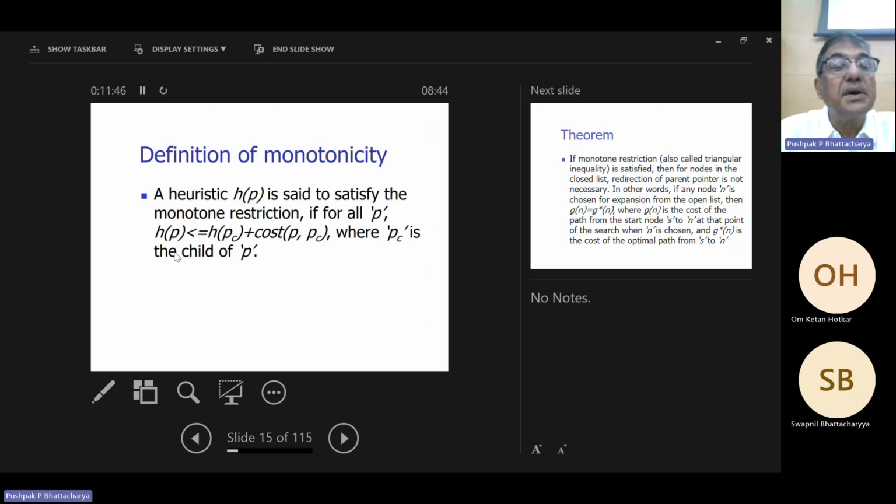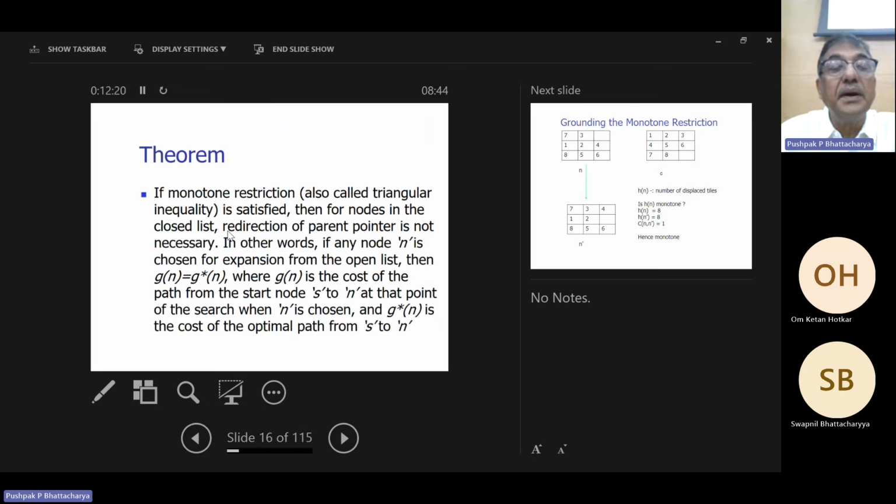Okay, so the direct distance from P to the goal node is less than or equal to the distance from P to its child PC and the distance of the child to the goal node. Okay, this is nothing but the triangular inequality. And we say that this heuristic is satisfying the monotone restriction. Okay, so we'll ground it very soon to see actual heuristics which satisfy the monotone restriction. The theorem we will come to.